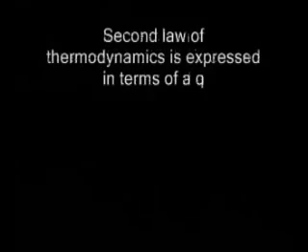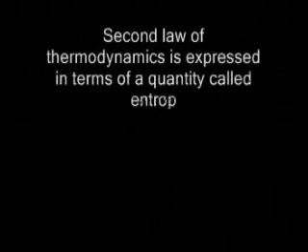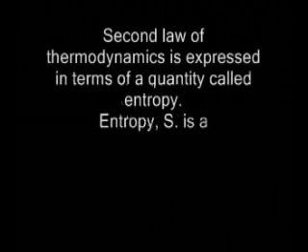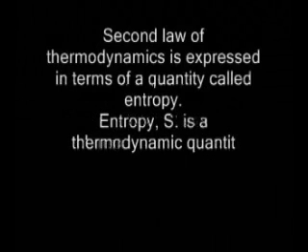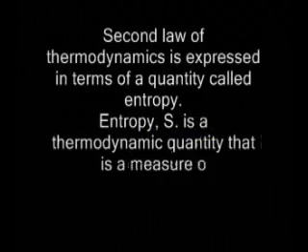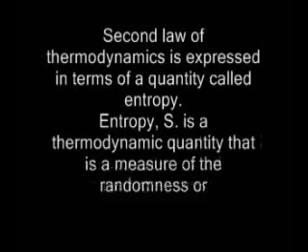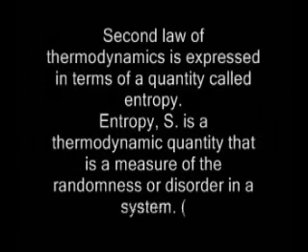The second law of thermodynamics is expressed in terms of a quantity called entropy. Entropy is represented by the letter S. It is a thermodynamic quantity that is a measure of the randomness or disorder in a system. The SI unit of entropy is joules per Kelvin.